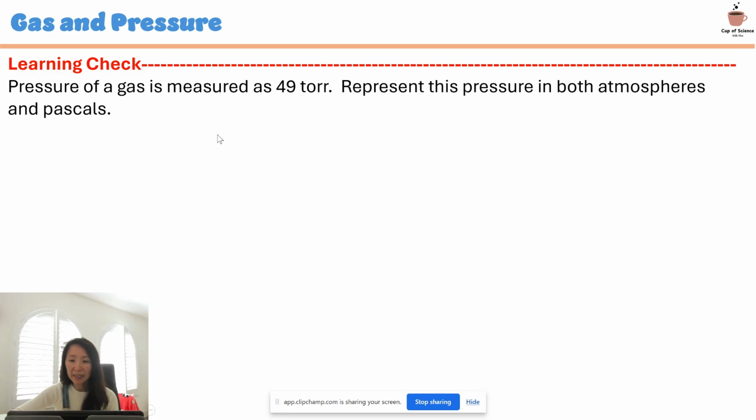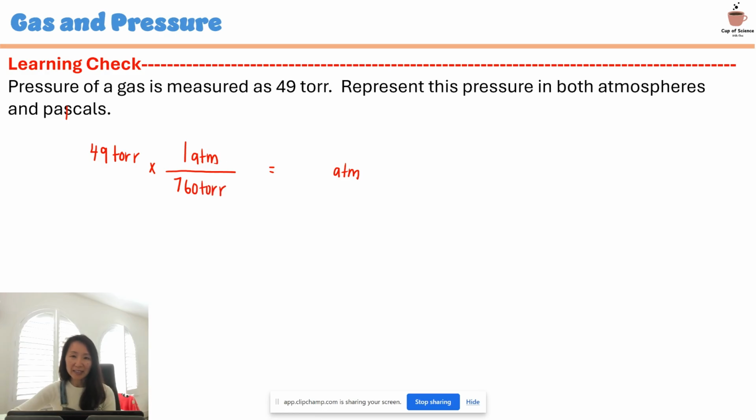So let's target the ATM first. So we have 49 torr, and I want to convert this into ATM. We know that every 1 ATM, based on that table chart before us, is equal to 760 torr.